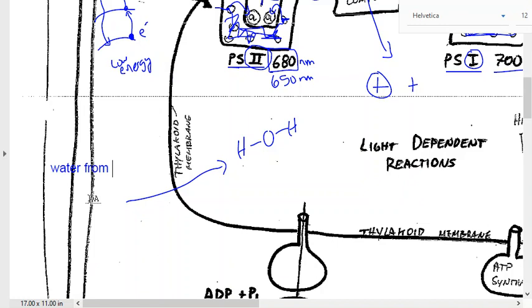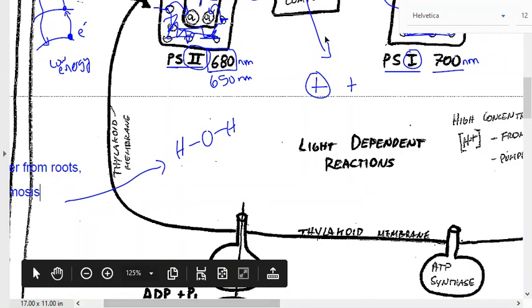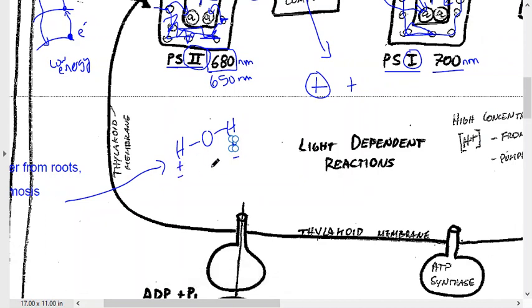Water from roots, and it's entering the thylakoid space via osmosis. And remember that water is just an oxygen attached to a proton and an electron, and attached to a proton and an electron. So I'm going to redraw the hydrogens as a proton and an electron.